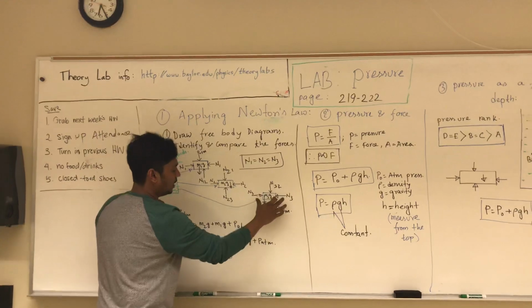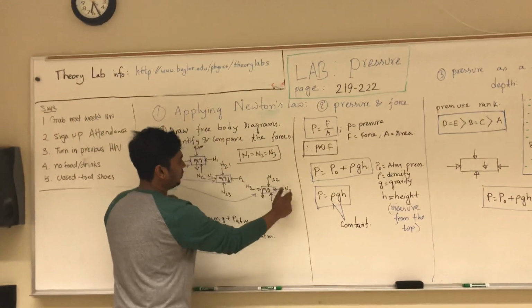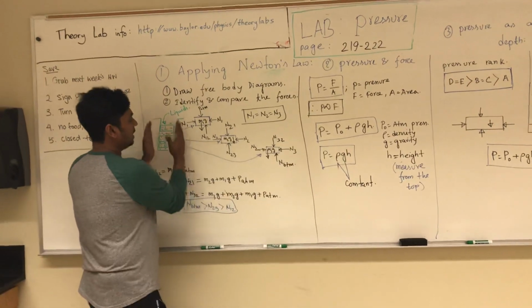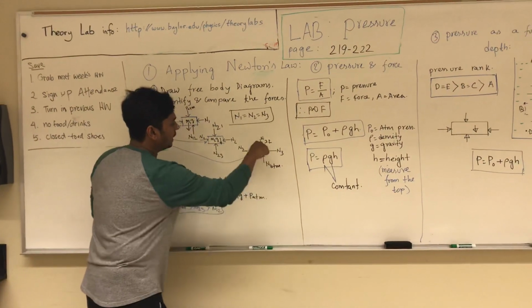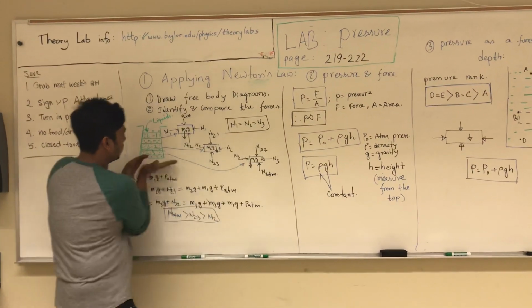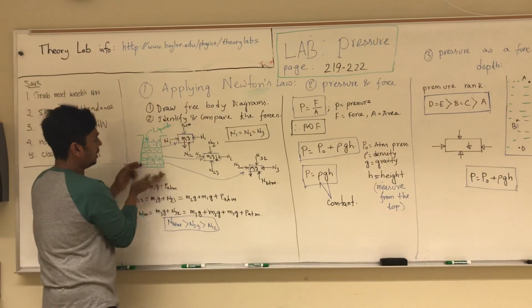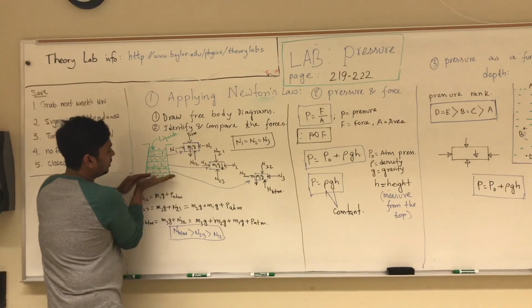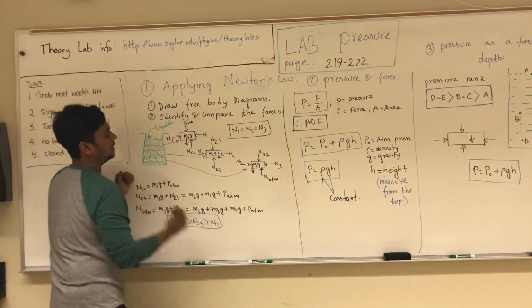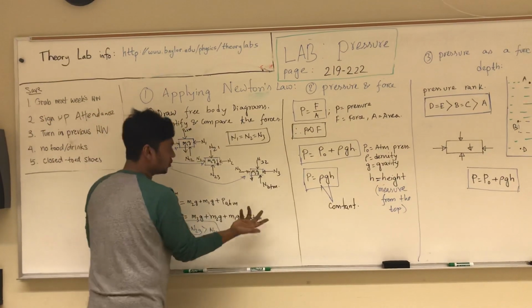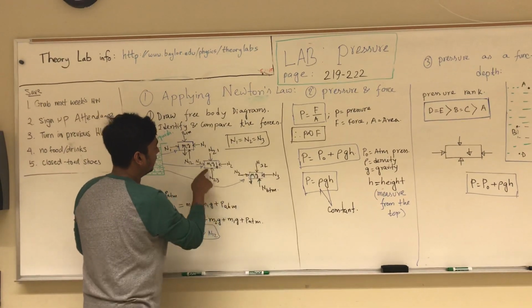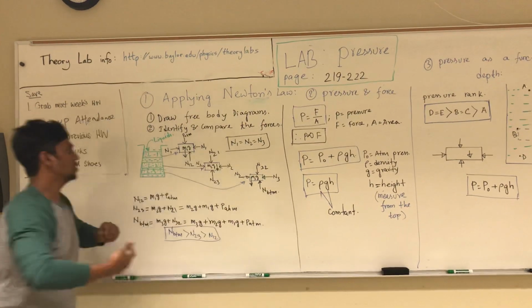For layer 3, N3 are the forces that will be given by the two walls. And the bottom pressure will be given by this. If I consider the very last layer, the bottom of the bucket will give that pressure or force, and N32 will be given by the second layer as a Newton's force pair.